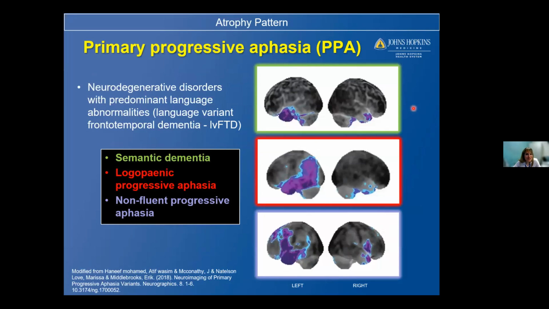All right, so the primary progressive aphasias, those are neurodegenerative disorders with predominant language abnormalities, or language variant FTD. These come in three flavors or variants: the semantic dementia, the logopenic progressive aphasia, and the non-fluent progressive aphasia.